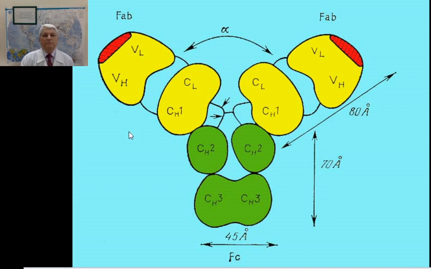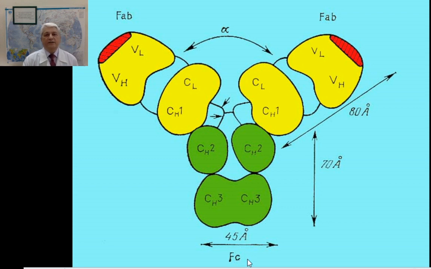Let's look at different colors. What is shown by red color? It is understandable. This is the antigen binding site here and antigen binding site here. What is shown by yellow color? FAB fragment and second FAB fragment, antigen binding. What is shown by green color?